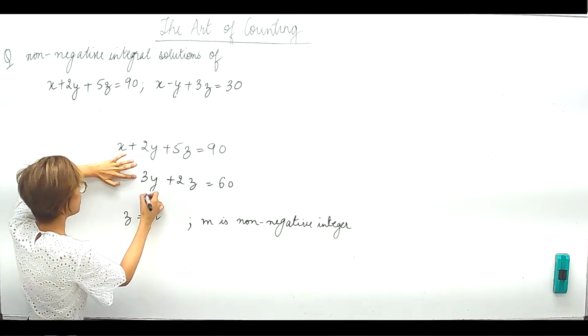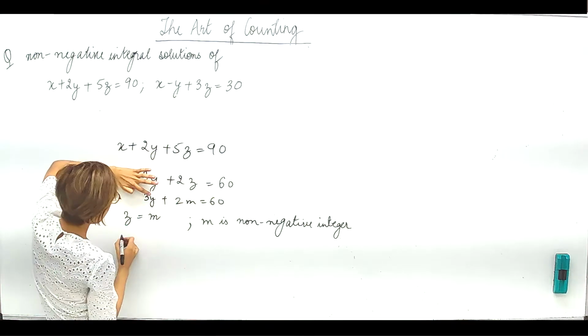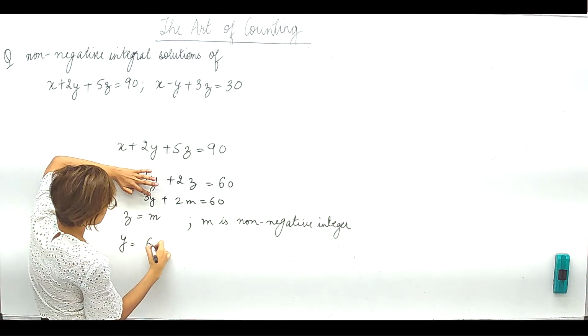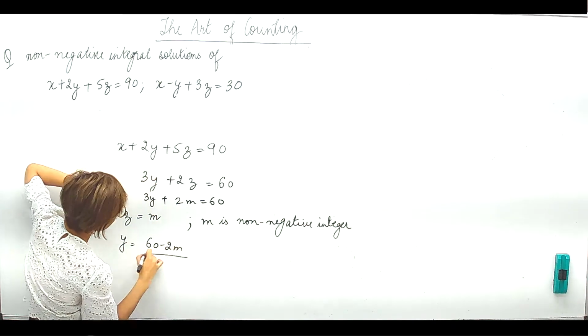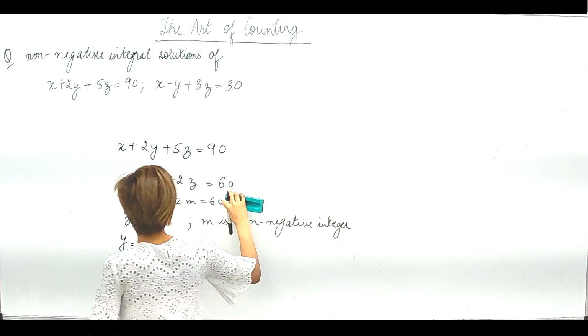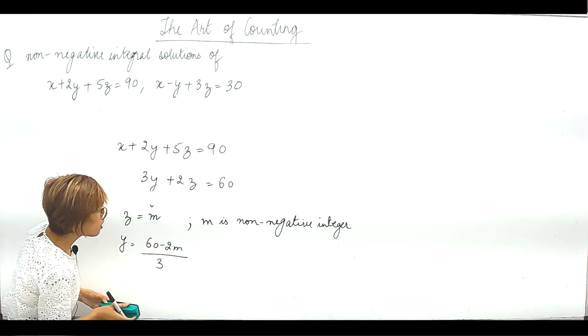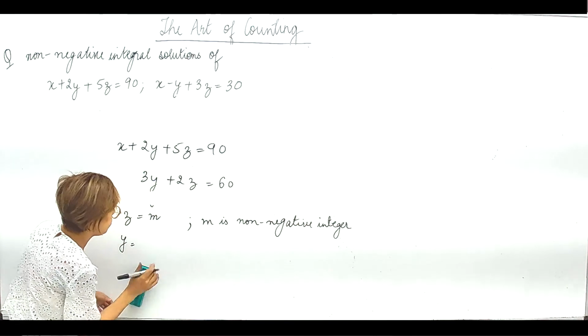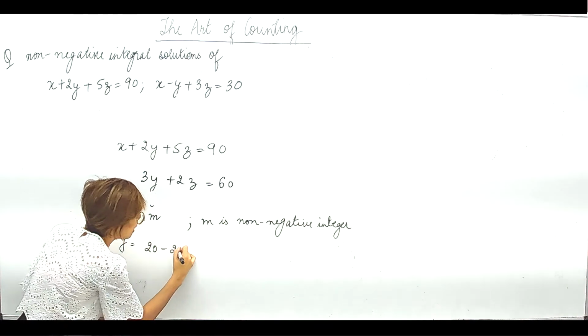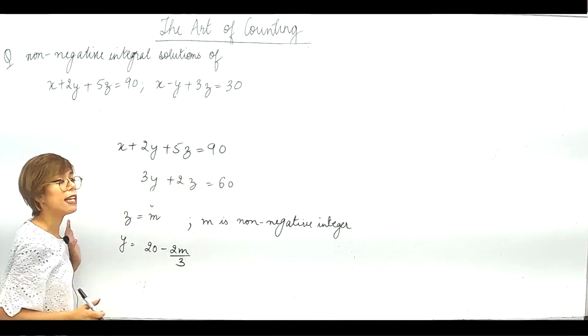Very well, because I can write this as 3y plus 2m equal to 60. So y I can write as 60 minus 2m whole divided by 3. In fact, I'll write it as 20 minus 2m by 3, where obviously m is a non-negative integer.